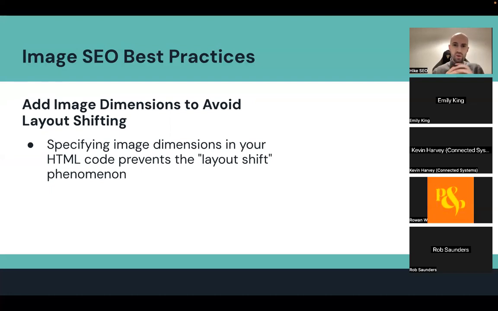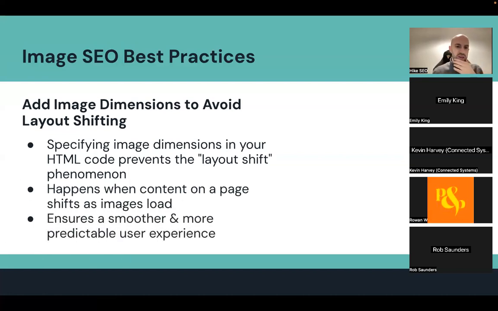What that is: when you load a website, maybe some of you have seen it before on old sites, it starts loading and then content jumps down all of a sudden and it keeps jumping down because more images or elements are being loaded above. And that's really disruptive and annoying. So adding image dimensions prevents or reduces that phenomenon because it already creates space in the HTML for the image to load when it has time to load.